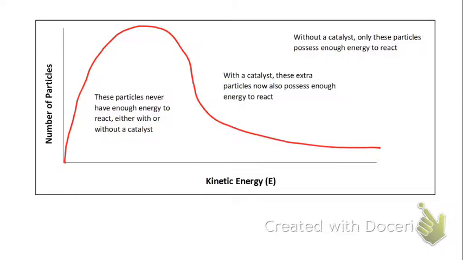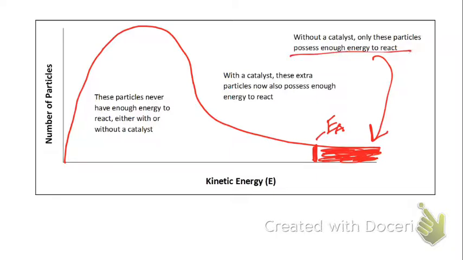Now under normal circumstances, the activation barrier line is going to be right here. And this fraction of molecules above that line has enough energy to react. Okay, that's without the catalyst.